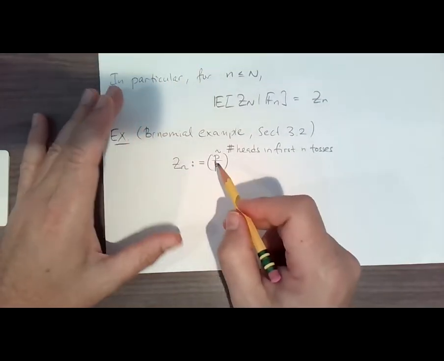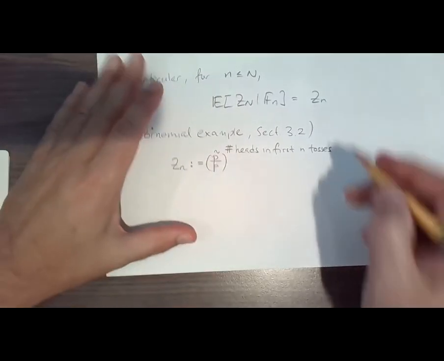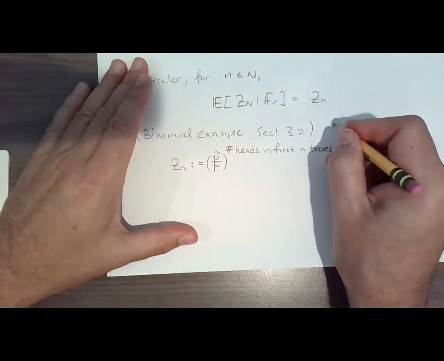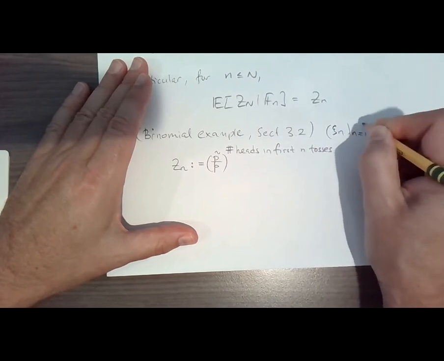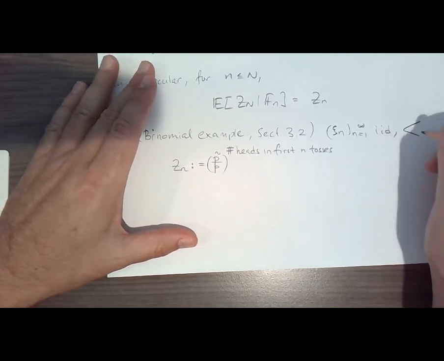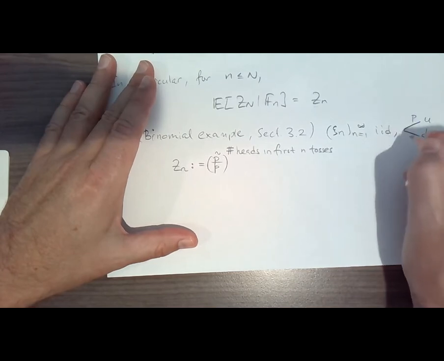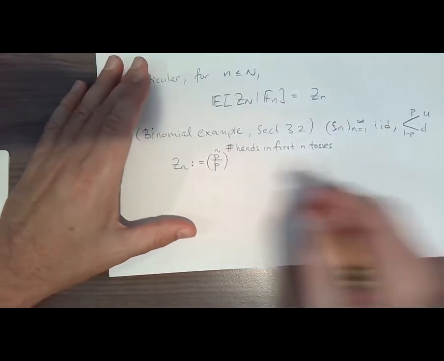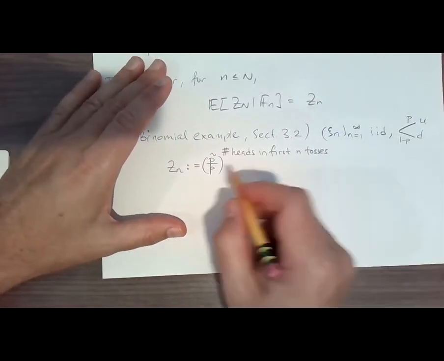P tilde, we're in this binomial example where we have IID coin tosses. We have this probability of a U and a D. This is p and 1 minus p. And for your p tilde, there's a formula that I always forget.